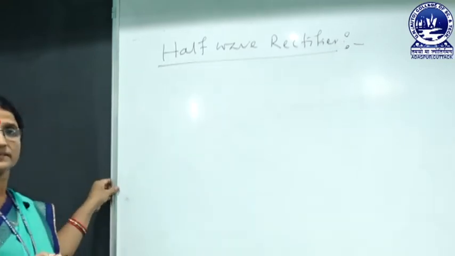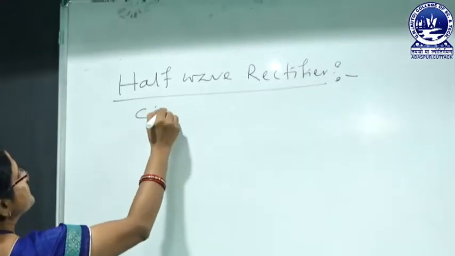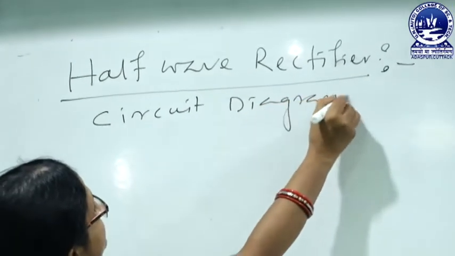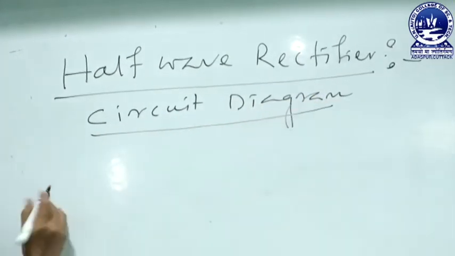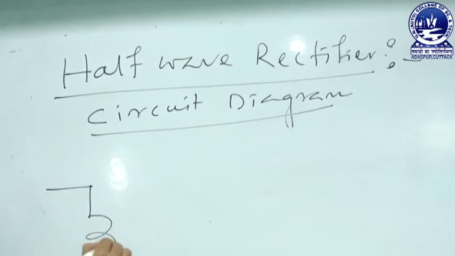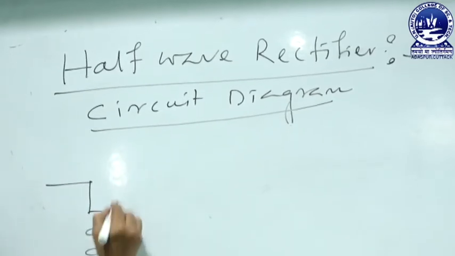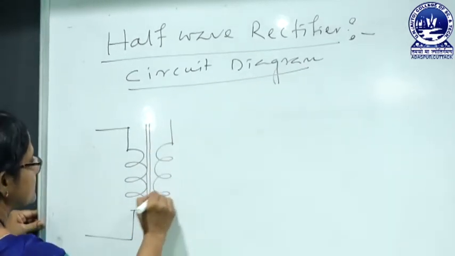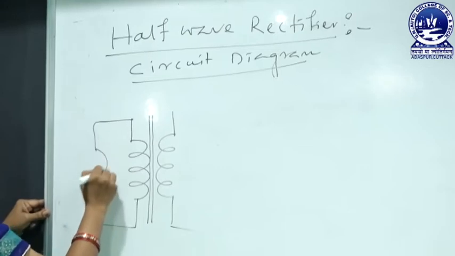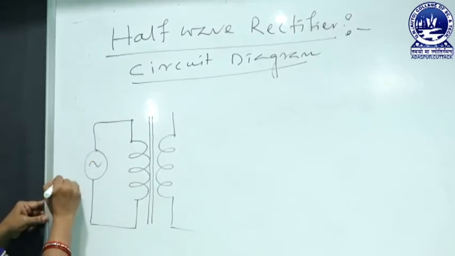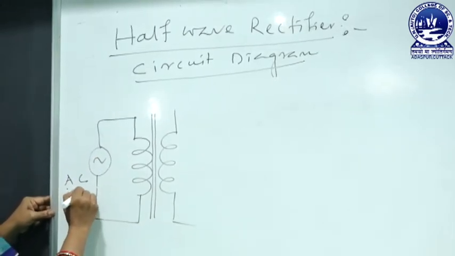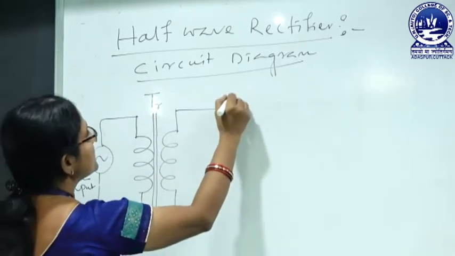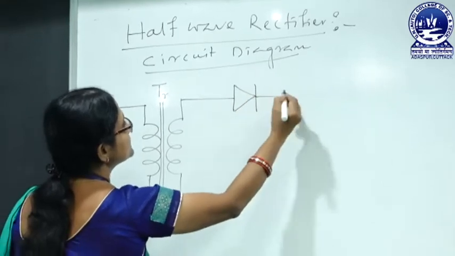What is the circuit diagram? This is the AC input, this is a transformer TR and a PN junction diode.